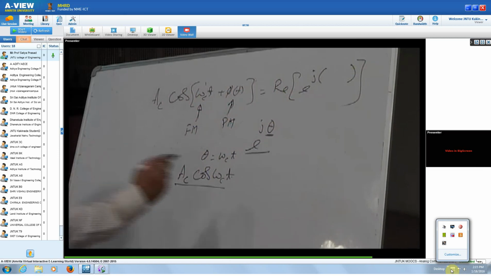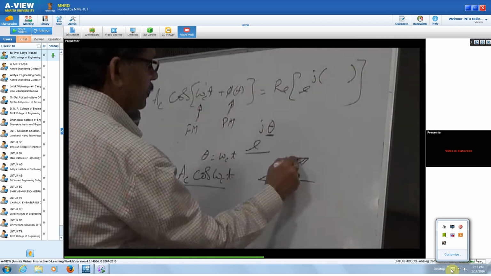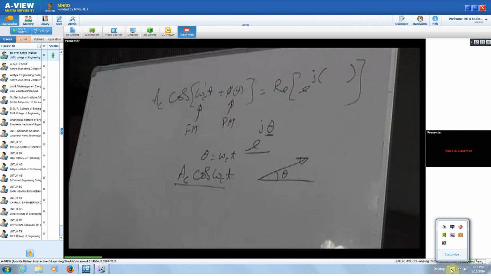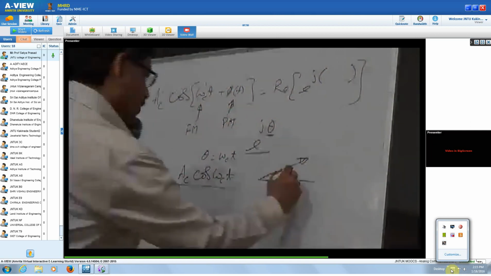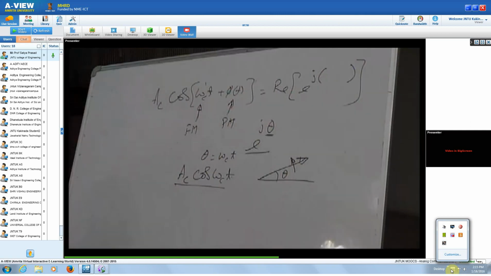What is e power j theta? It is a phasor with the amplitude and phase, or the angle, that we are going to have. So as omega_C t changes, this will be moving as t changes.